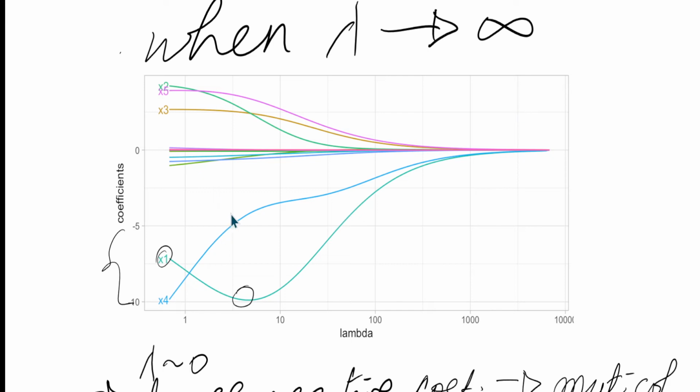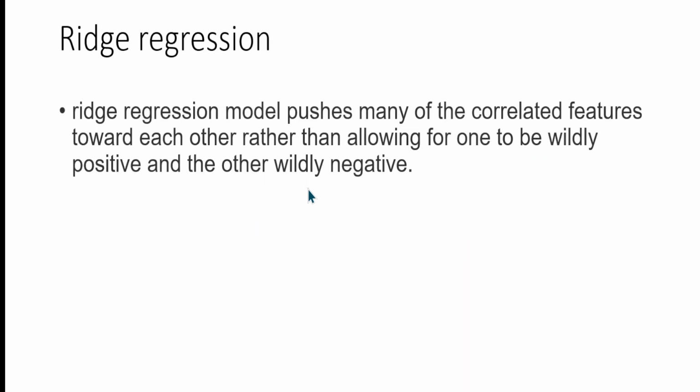Both of them will be pushed to 0 at some point in infinity, rather than one having a wildly negative coefficient and the other a wildly positive one. Ridge regression models push many of the correlated features towards each other, rather than allowing one to be wildly positive and the other wildly negative.